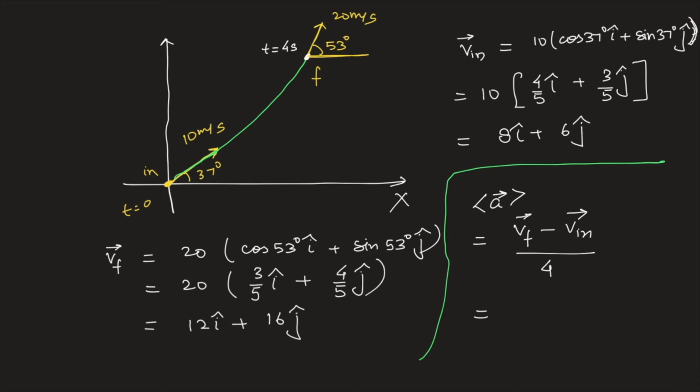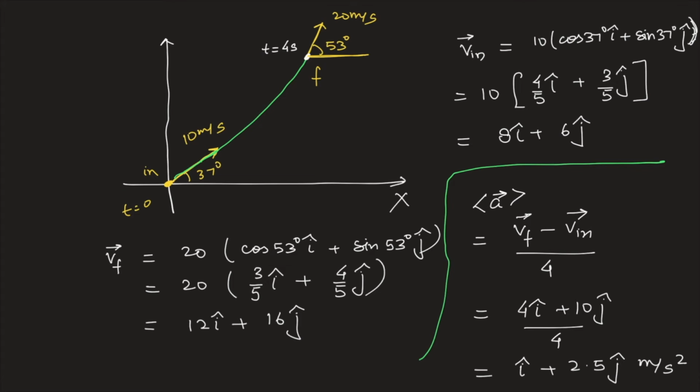So I'll subtract these two directly: you subtract î from î, so that is 12 minus 8, that would be 4 î, and 16 minus 6, that would be 10 ĵ, divided by 4. So I can simplify it. It would be î plus 2.5 ĵ meter per second squared, and this is your average acceleration.